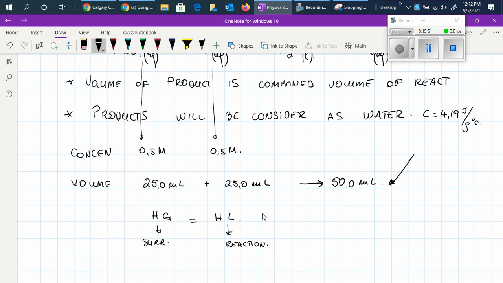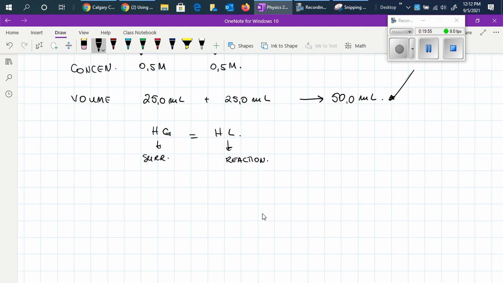So now what is gaining is considered to be water, so it will be Q equals mC delta T. And what is losing is the enthalpy change, number of moles times the molar enthalpy of neutralization.